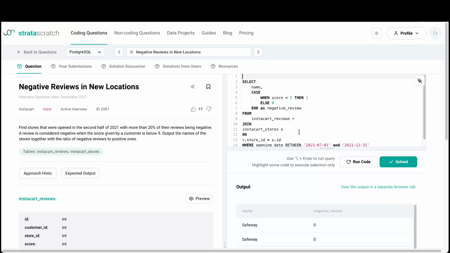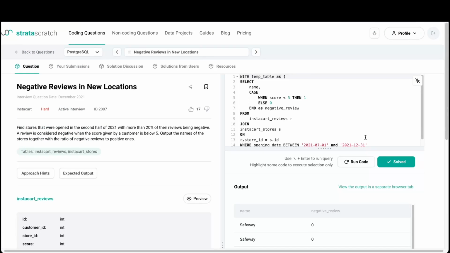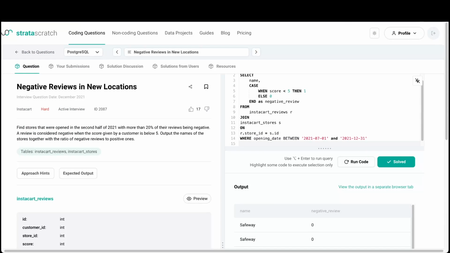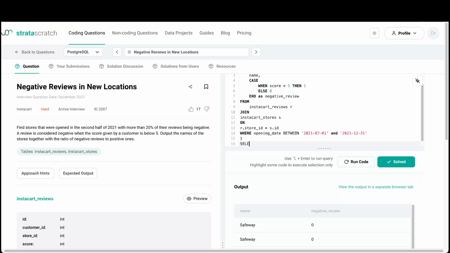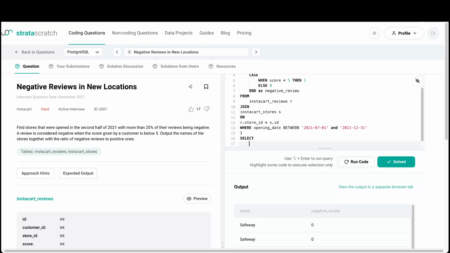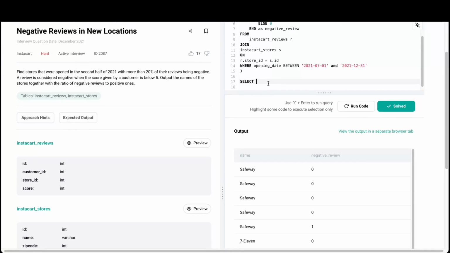And let's put it in a common table expression so that we can extract the data and make it more readable. And we'll just call it temp table for now. So we need the name, and we need a ratio of negative reviews to positive reviews.